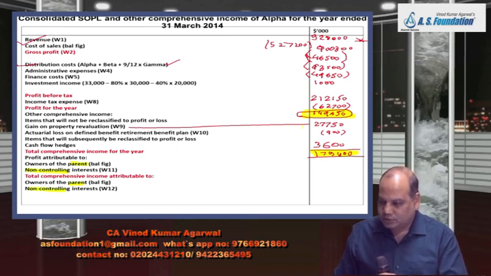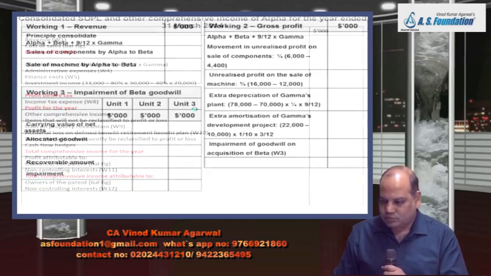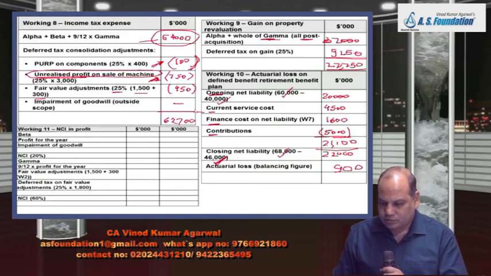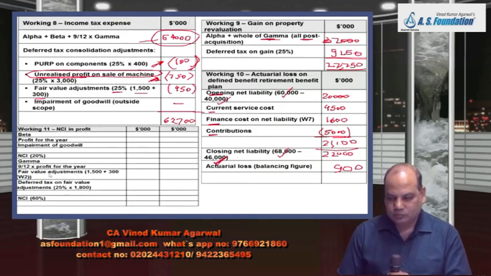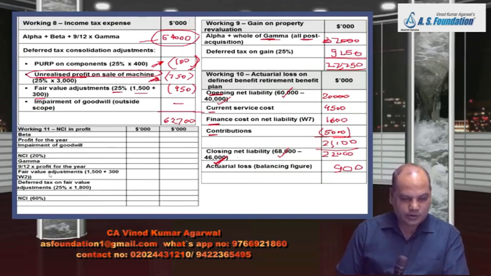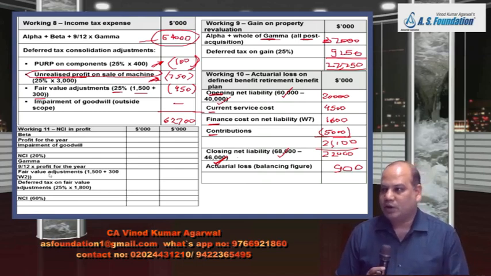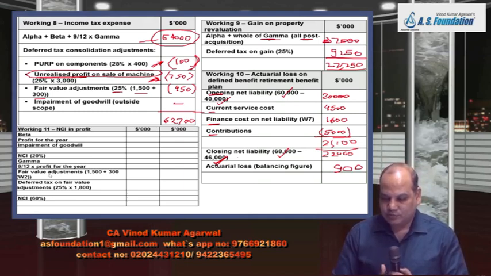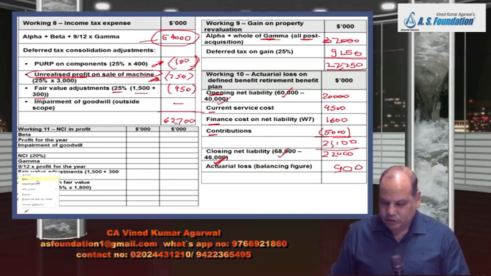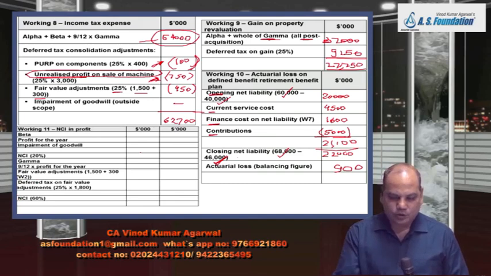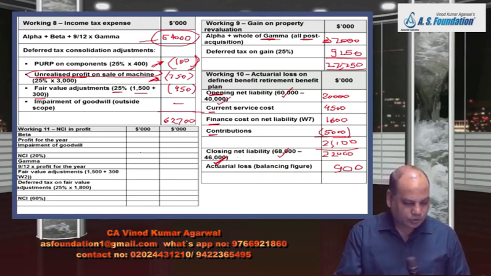So for that, we'll go to working note number 11, because we have to take subsidiary's profit, and then whatever adjustment was made in subsidiary's profit, that we will adjust, then we'll come to the profit that needs to be shared. So on the screen, what is the profit for the year for Beta? Go to question book.